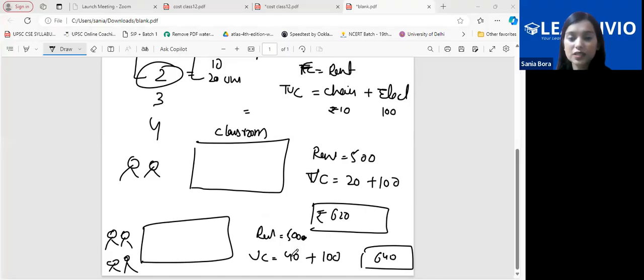So see, if you tell me where you are getting the benefit, in this scenario or in this scenario? For example, one student is giving you 1000 rupees as fees for this classroom. So tell me in which scenario, case 1 or case 2, where you are getting more profit?